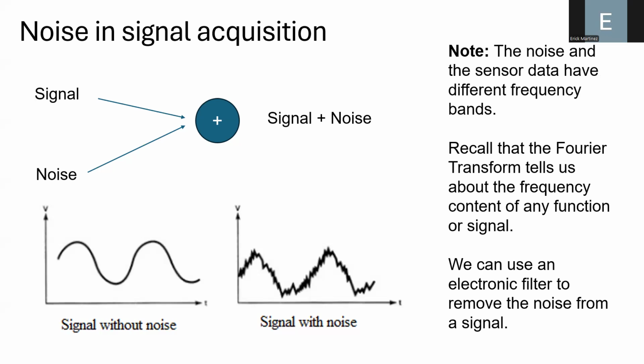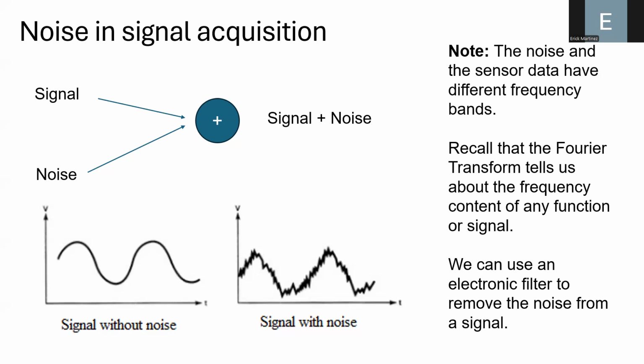And well, how can we know in which frequency band the noise is present? What you can do is apply the Fourier transform to your signal with noise, because then you can obtain a frequency spectrum, okay?